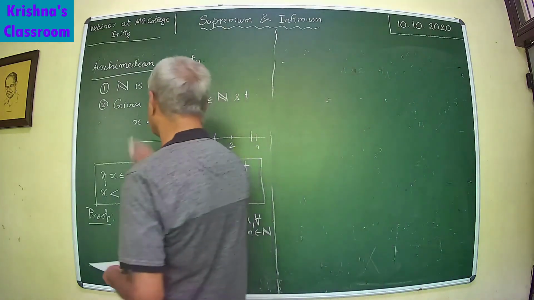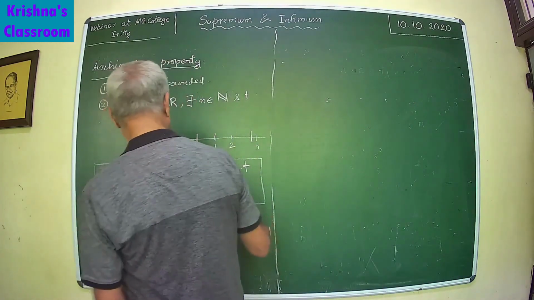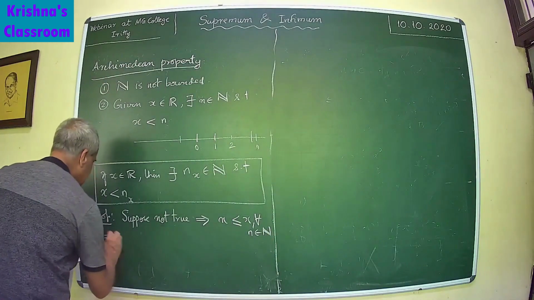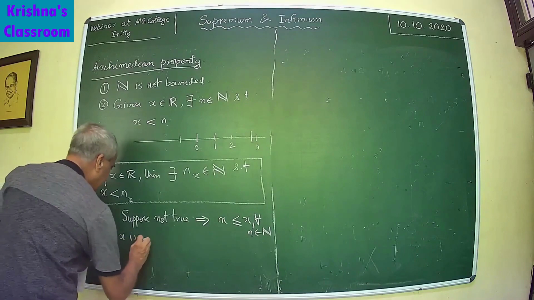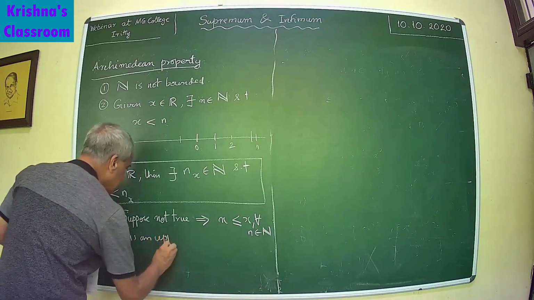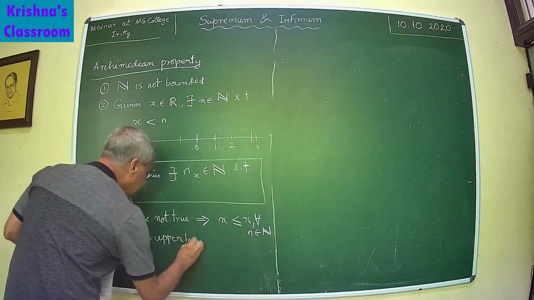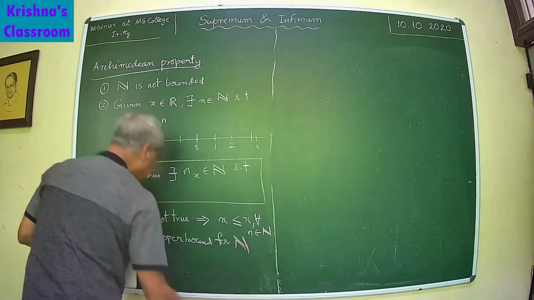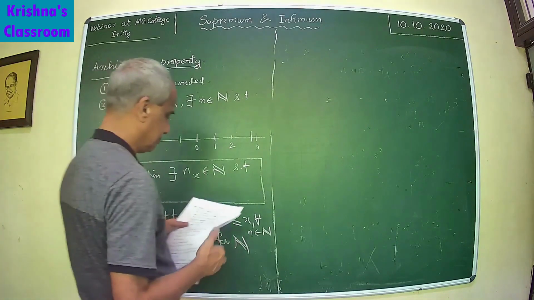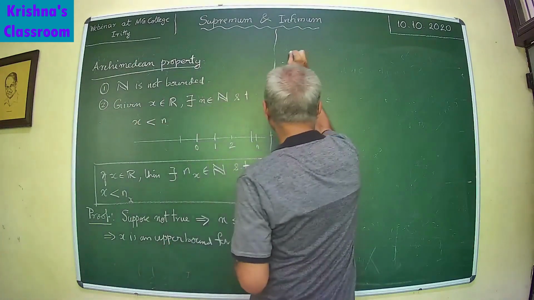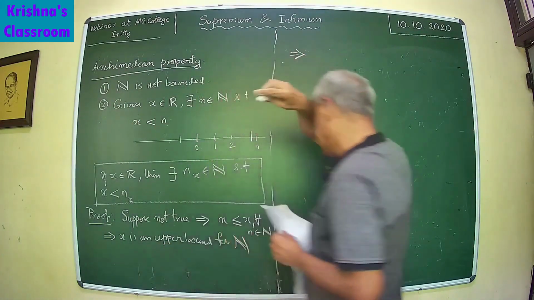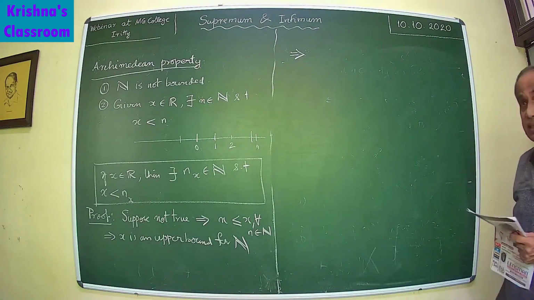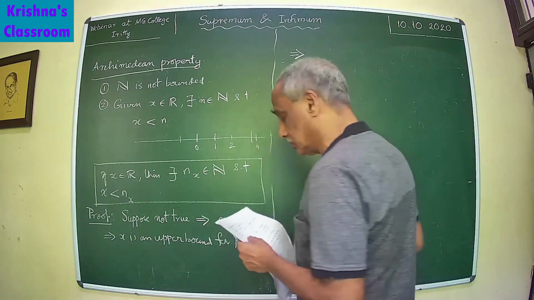Okay? N is not bounded. If N is bounded, then there is a bound called x. So this means x is an upper bound of N, okay, and that implies what? Any subset of R having an upper bound has a least upper bound. So we are using the supremum.